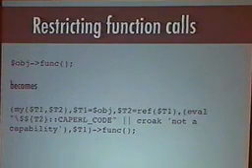Restricting function calls. If you try and call a function on an object, it turns into this kind of crufty thing. So what's going on there is declaring a couple of local variables, sets the first one to be the object that you're about to call the function on. And the reason it does that is because $obj could be some more complex expression, and you only want to execute it once, but you've got to use it twice. So it executes it at this point.